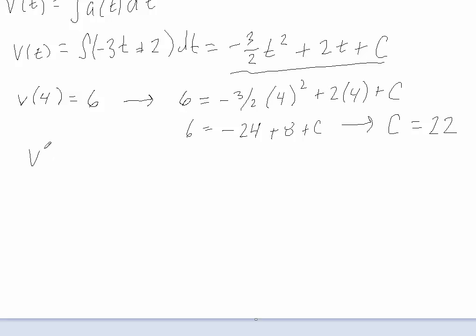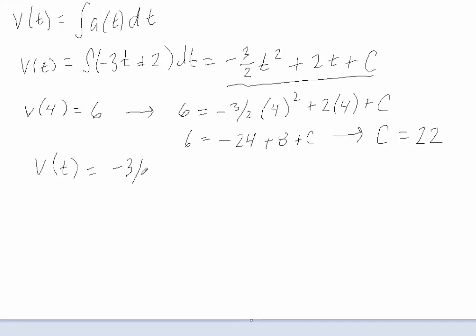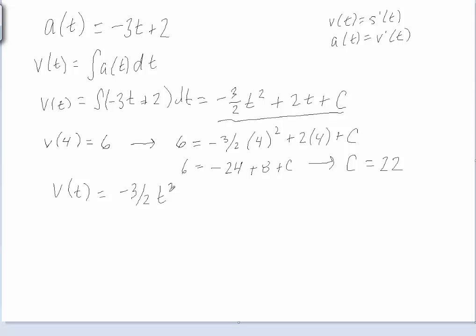So we have our velocity function based on this initial condition: negative 3 halves t squared plus 2t plus 22.